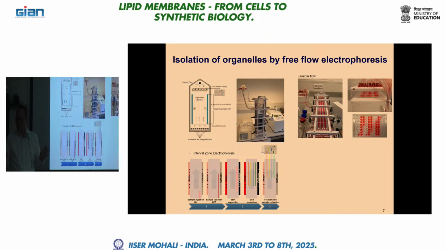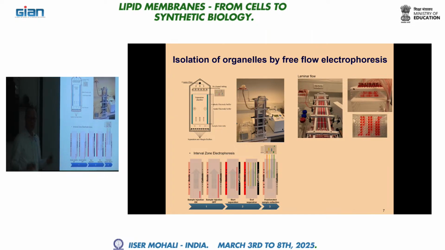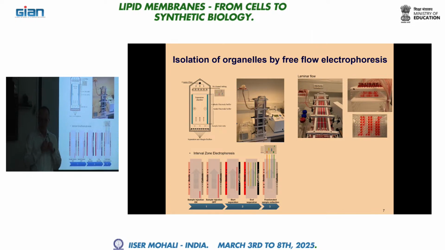This is a detergent-free method, and you can recover your sample afterwards. That's why it's called free flow electrophoresis. You can recover your organelles and work further with them. You don't destroy any function of the membranes, besides that you have now isolated the membranes.